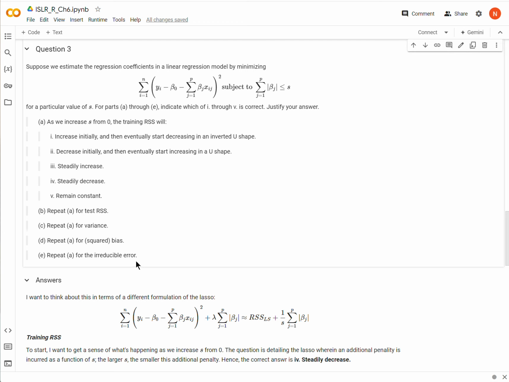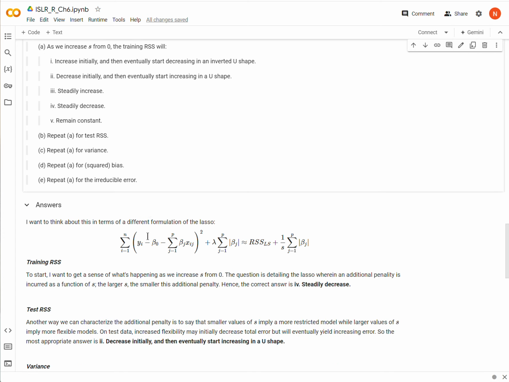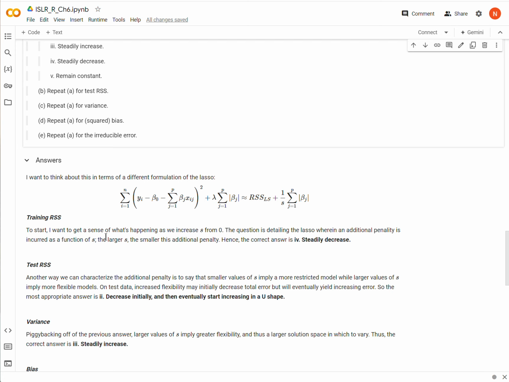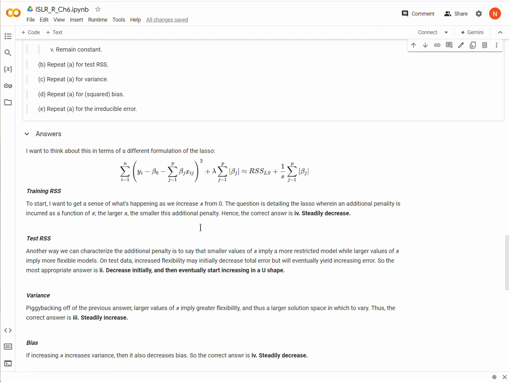The first one we want to know is, as we increase s from 0 upwards to whatever arbitrary level, what happens to the training residual sum of squares? We can think of that as the lack of fit.